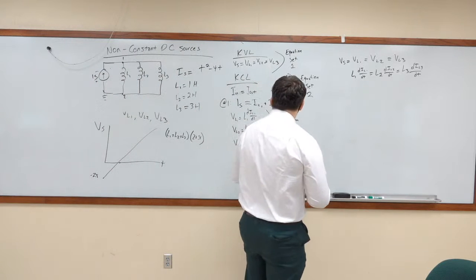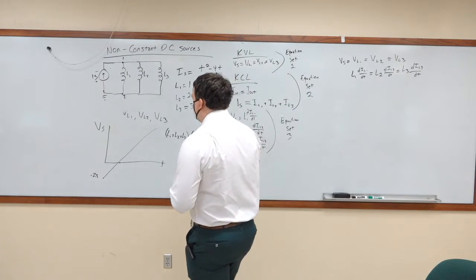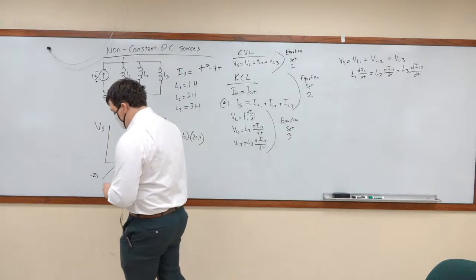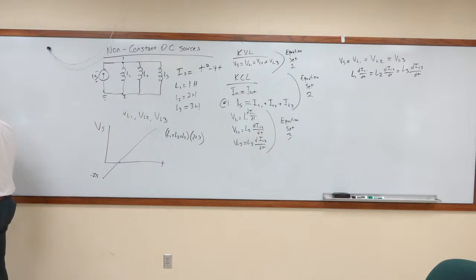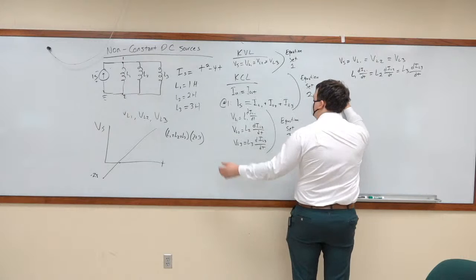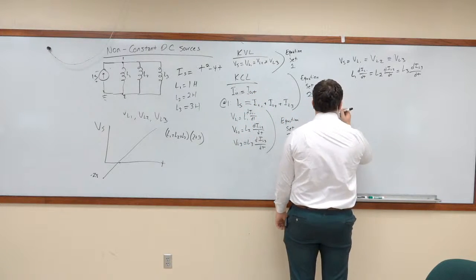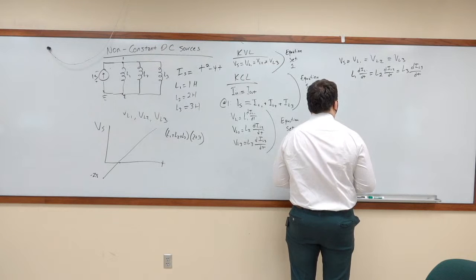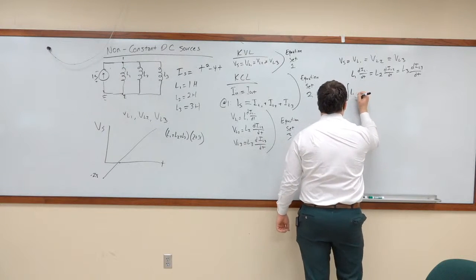Okay? For the last one, we assumed that the... Now, the initial condition that we have to assume is this. This is the initial condition we have to assume. So we're going to have to take the integrals of each of these.